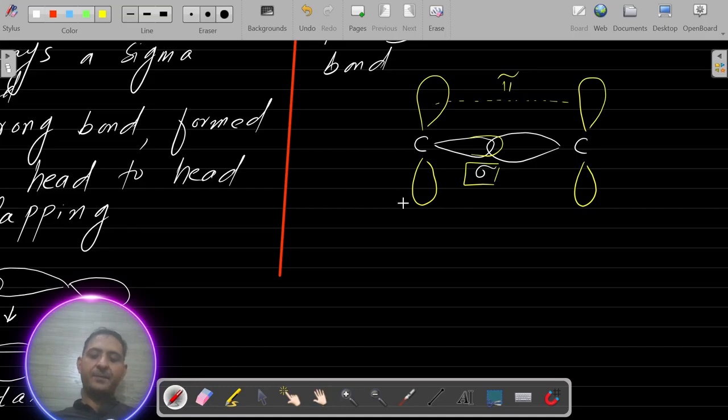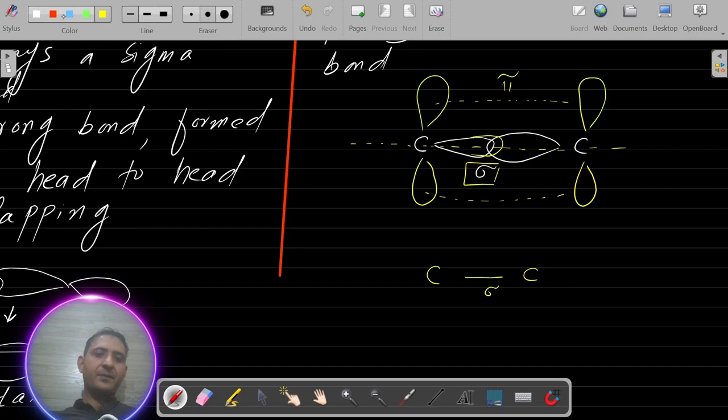And another thing, for example, when there are two carbons, these bonds are sigma bonds. And you can notice a plane is passing from here, and in the sigma bond, the electron density is on the plane. But in the pi bond, the electron density is above the plane, and you can even say below the plane.